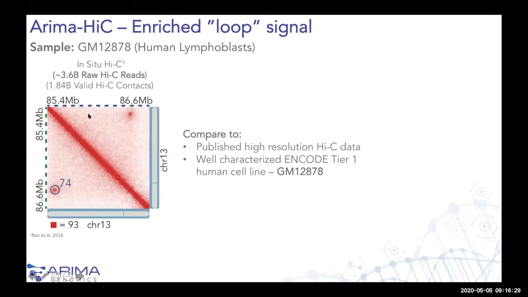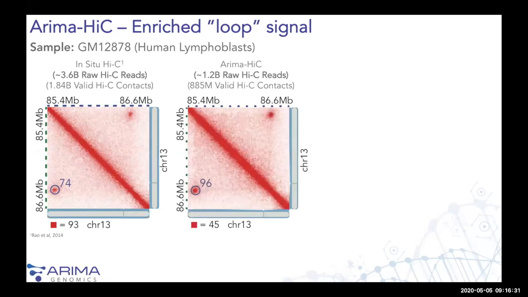And when we analyzed the same sample using the Arima Hi-C data, what we observed is that at these looping regions, essentially these structural features that you're often doing Hi-C to detect, that signal enrichment at that looping region was much higher than in the published in situ Hi-C data.